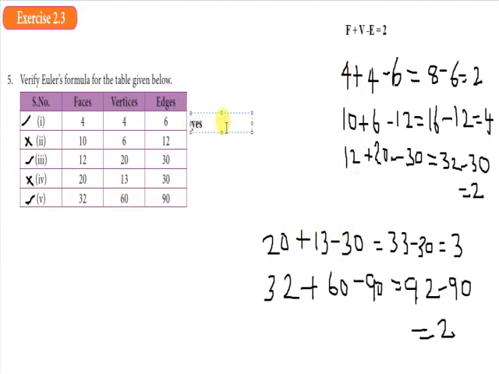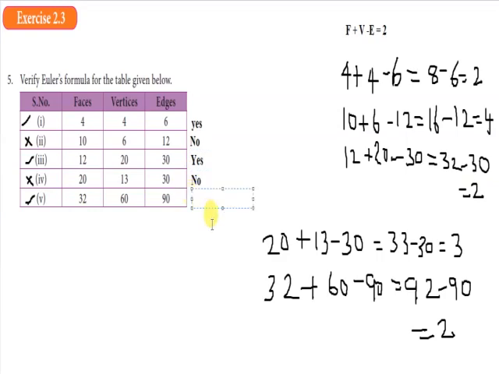It is no. So we write this one as no. What about the third question? It satisfies, so we write yes. What about the fourth subdivision? It is also no, so we write no. What about the fifth subdivision? The condition is okay, so we write yes.